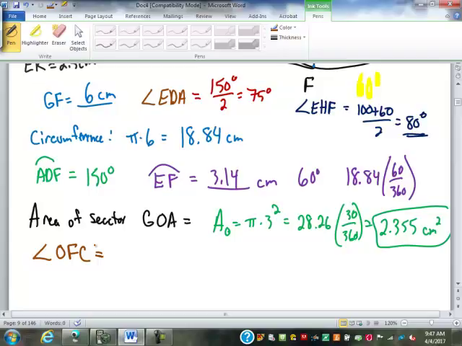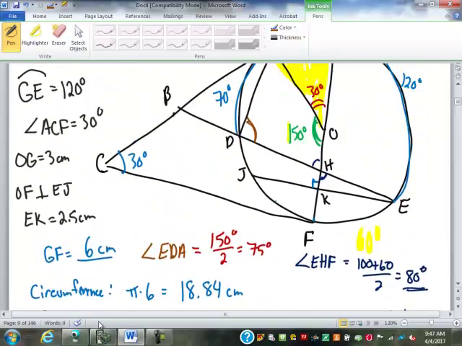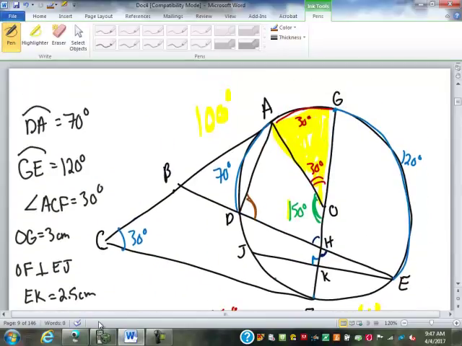Angle OFC. Bless you. So here's O, here's F, here's C. So we're looking at this angle right here. Better be 90 degrees, yes.